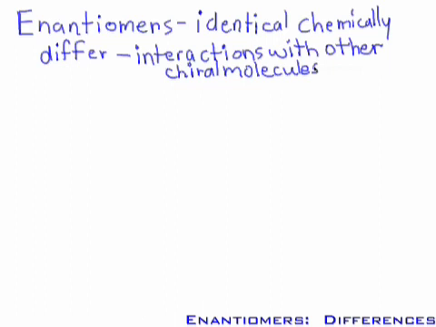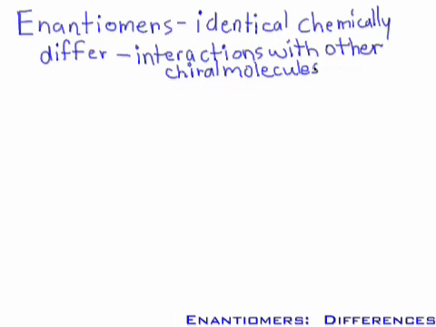But when you try to use your hand to shake someone else's hand, you have to use the appropriate hand. The reason is the left hand interacts differently than the right hand with other hands or other chiral molecules. So when someone puts out the right hand, you have to put out your right hand to shake hands with them.